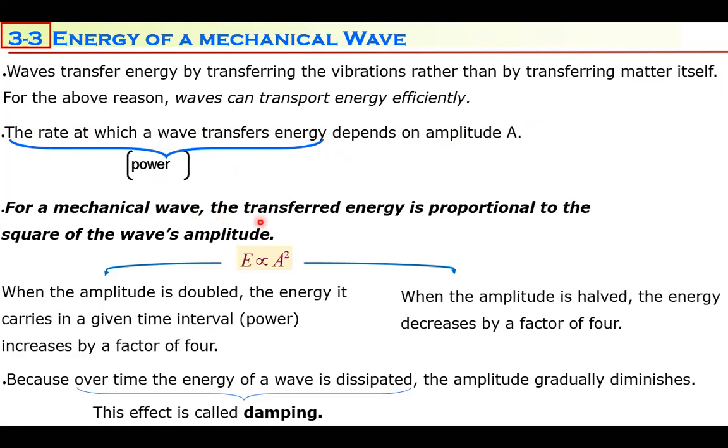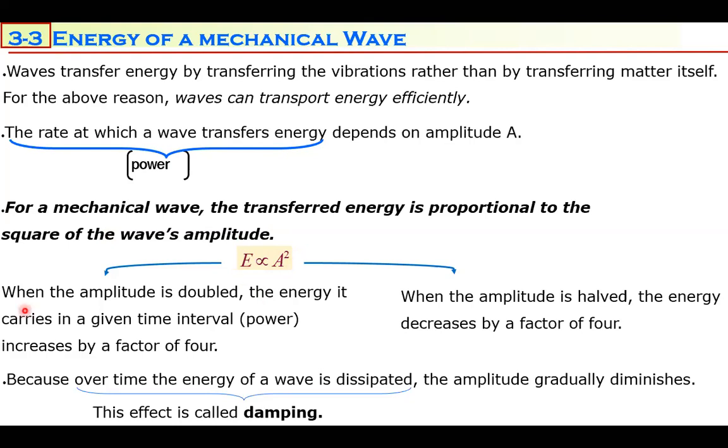For a mechanical wave, the transferred energy or power is proportional to the square of wave's amplitude. Yani if amplitude is doubled, energy or power increases by 4. If amplitude is tripled, energy or power increases by 9. If amplitude is halved, energy or power decreases by 4.